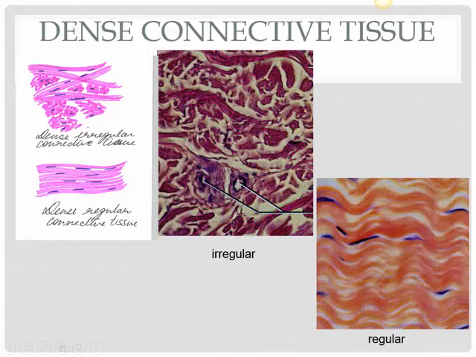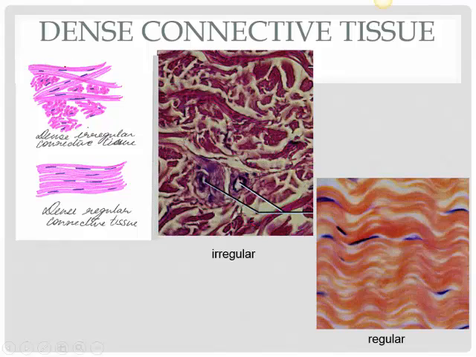Some fibers run in a vertical direction, some in a horizontal, some in an oblique direction. So when we take a section, the fibers all get cut differently. Based on how the fibers run, we call it dense irregular connective tissue, where the fiber bundles are not running in the same direction.